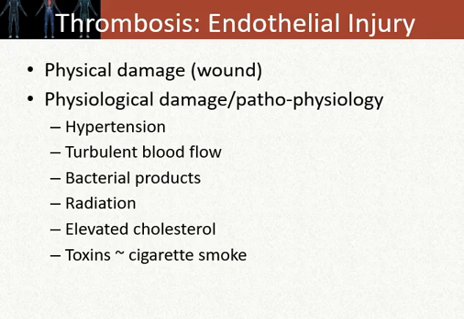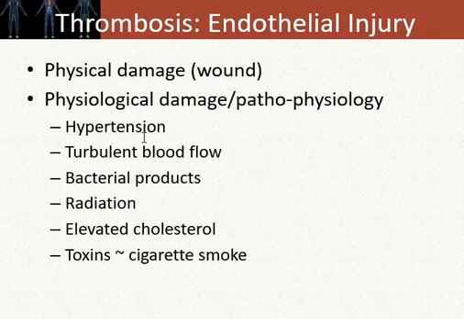And so the way these thromboses or clots can form could be physical damage, such as a wound. But for this lecture, we're really going to talk about physiological damage or pathophysiology that results in the formation of clots because of hypertension, and this is uncontrolled hypertension, and turbulent blood flow, which is happening within the atria. Those atria are not contracting at the proper speed, and in many cases are asynchronous.